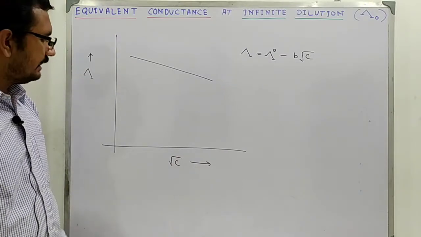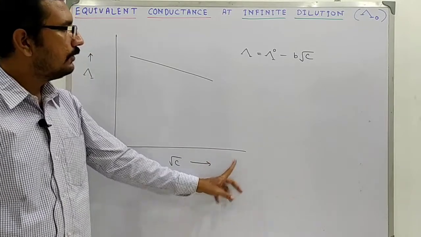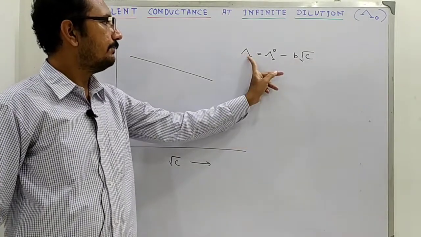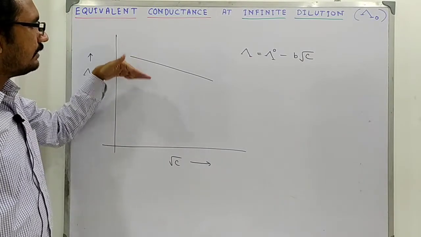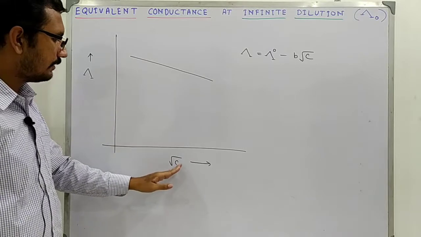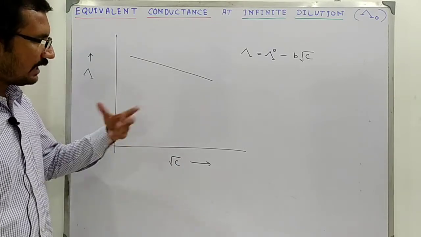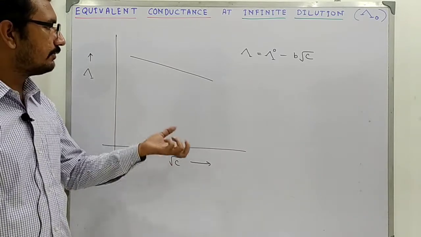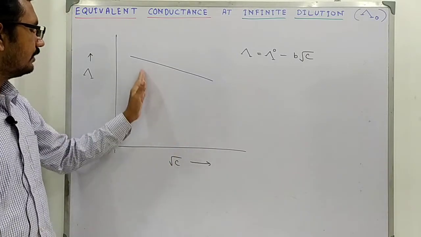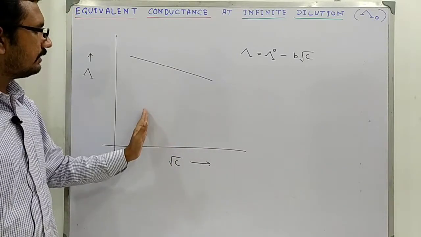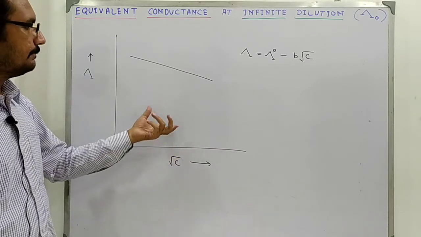You can see that with increase in concentration, root C also increases. So, as root C increases, lambda will fall. So, lambda is falling, but the fall is not that rapid since there is a square root over concentration. So, as you dilute a strong electrolyte, the number of ions remains the same everywhere. For higher concentration, for moderate concentration, for very dilute condition, the number of ions remains the same, only the speed is changing.